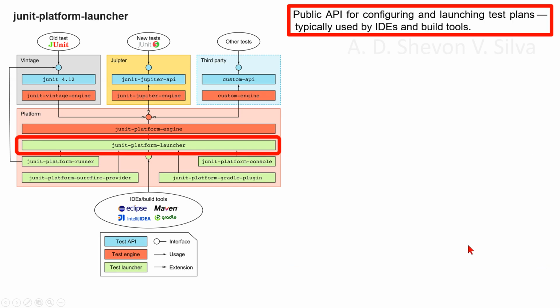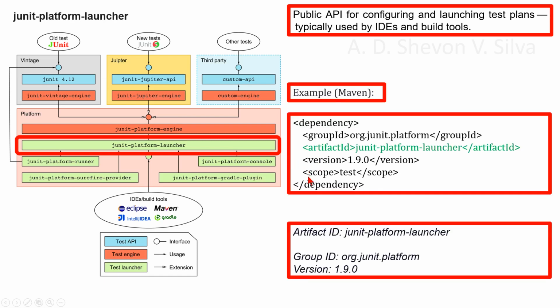Now we are focusing on junit-platform-launcher, the public API for configuring and launching test plans, typically used by IDEs and build tools. Here you can see the artifact ID junit-platform-launcher in group ID org.junit.platform.